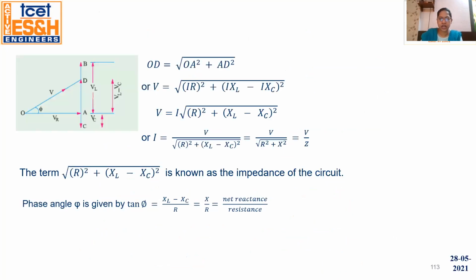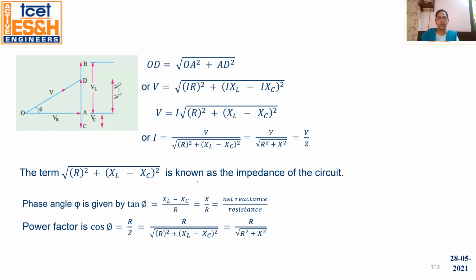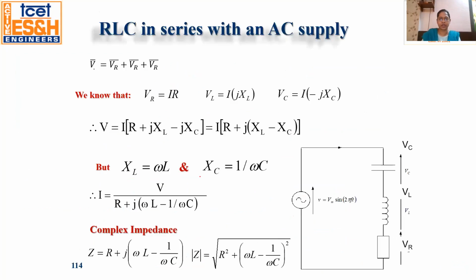So this is again the explanation of the phasor diagram with the help of all the components. Now this is the revision slide. We represent V as the vector sum of VR, VL and VC. VR is I into R, whereas VL is I into jXL, and VC is I into minus jXC.